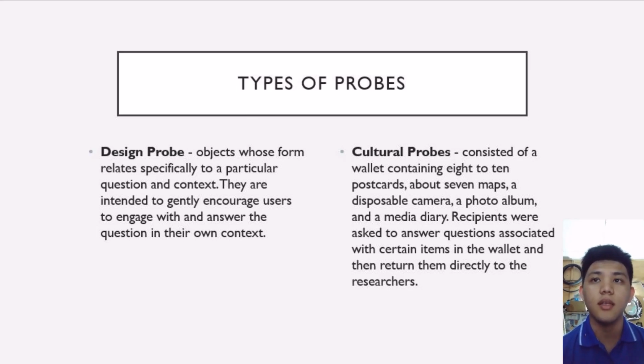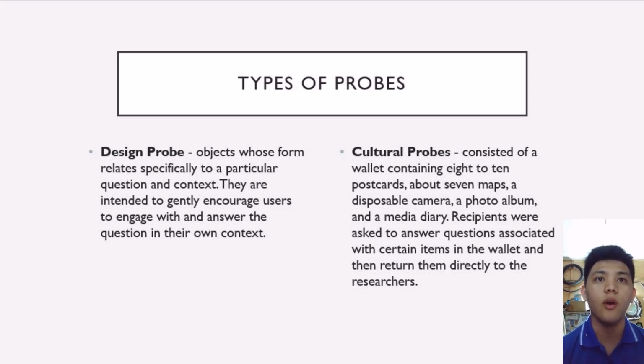The first one is the design probe, an object whose form relates specifically to a particular question and context. They are intended to gently encourage users to engage with and answer the question in their own context. The second is the cultural probe.